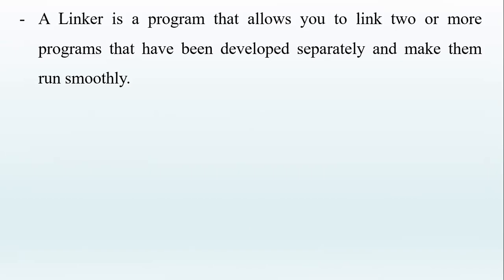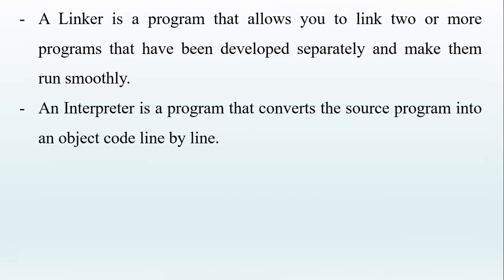A linker, on the other hand, is a program that allows you to link 2 or more programs that have been developed separately and make them run smoothly. An interpreter is a program that converts a source program into an object code line by line.